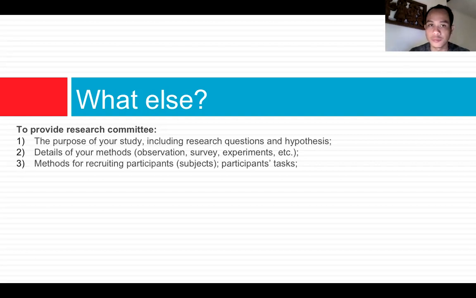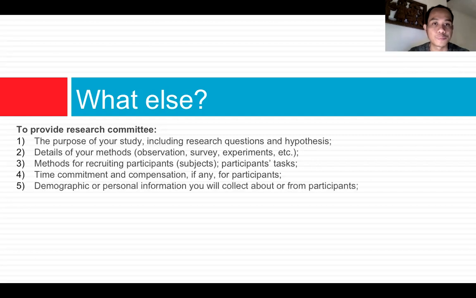So how you reach the subjects or participants and tasks, and then time commitment and compensation, if any, for participants, and how you cope if you find difficulties, and how you solve them. And then the demographic or personal information you will collect about or from participants.